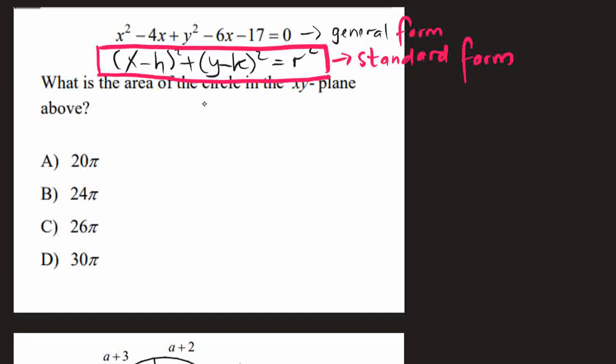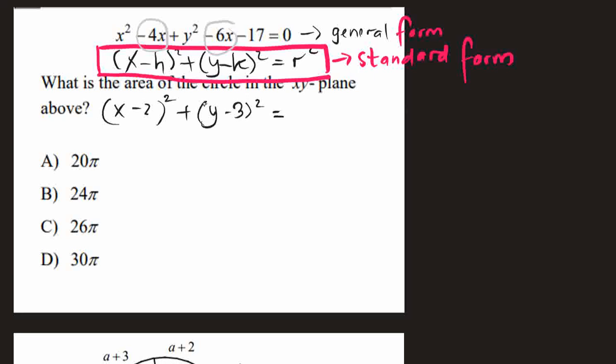So this one we see here, minus 4x and minus 6x. So we have to divide by 2. So now x minus 4 divided by 2 is minus 2 squared, plus y minus 6 divided by 2 is minus 3 squared.